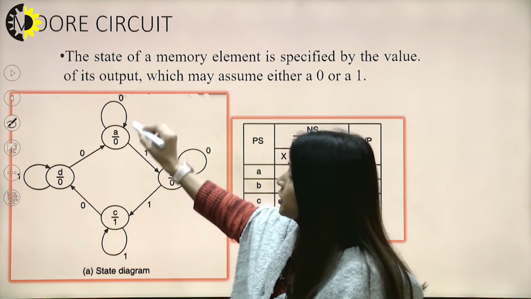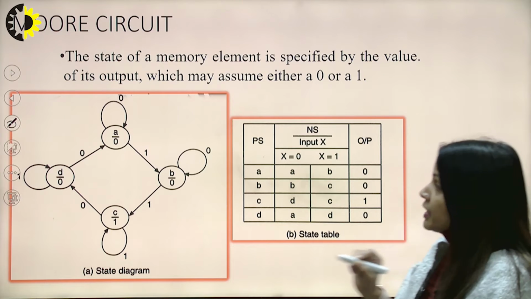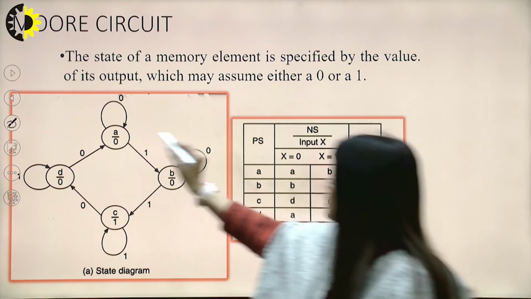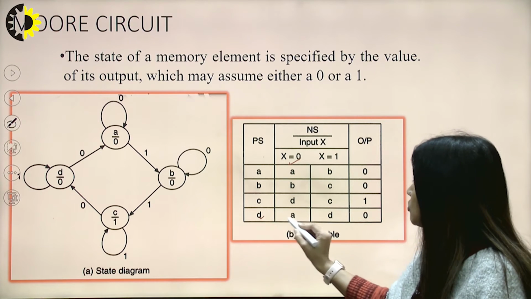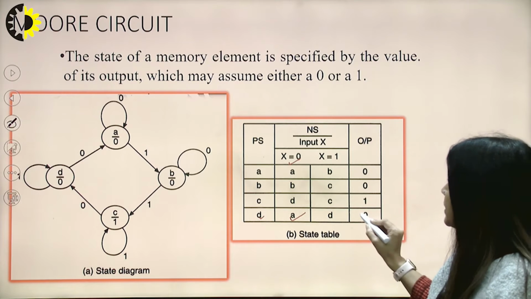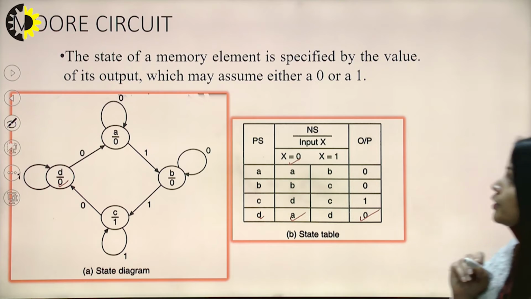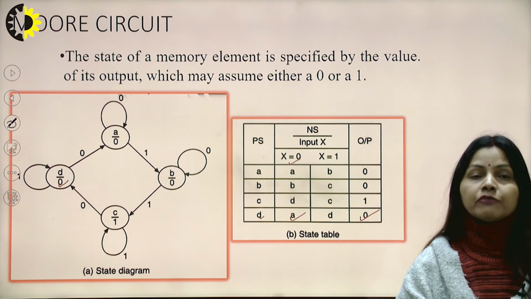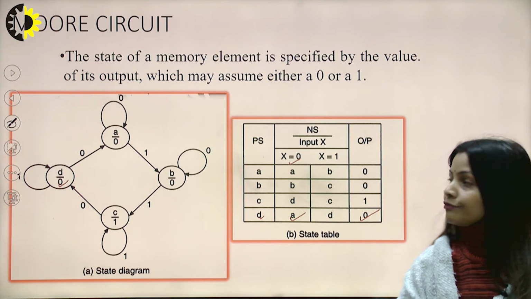Similarly, when we give input 0, D goes to A state, and the output is also 0. The state of a memory element is specified by the value of its output, which may assume either 0 or 1.